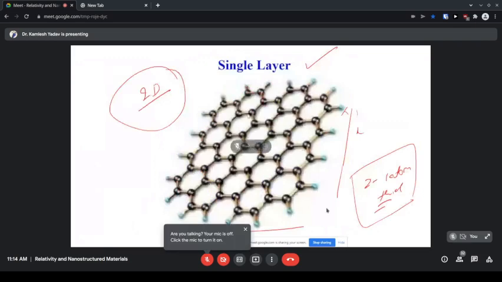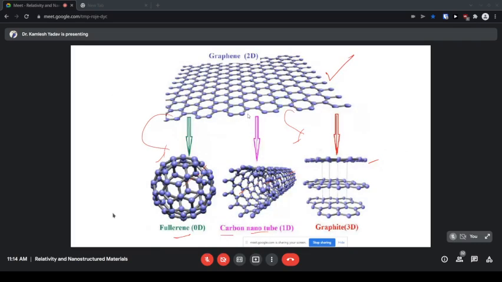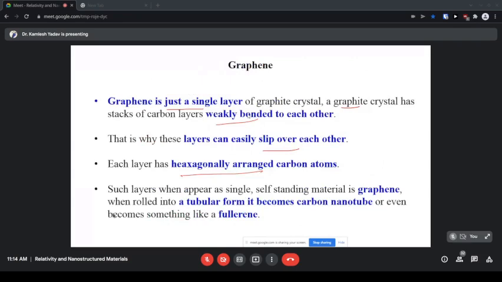This is a single layer of graphite, and from this single layer you can obtain graphite, carbon nanotube, fullerene. What I am discussing simply is that graphene is a single layer of graphite. In graphite, layers are weakly bound to each other and can slip over each other, and these are hexagonal carbon layers.